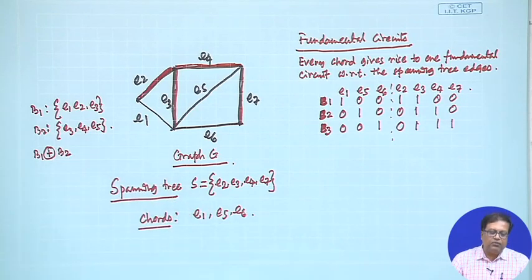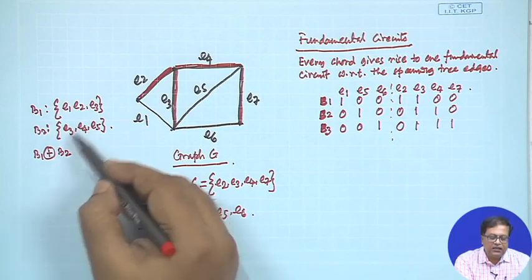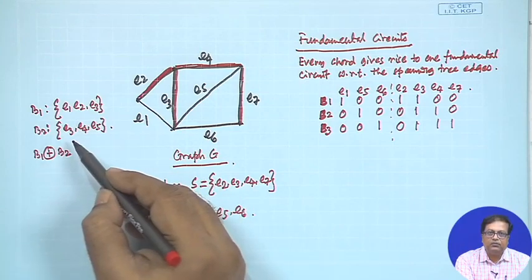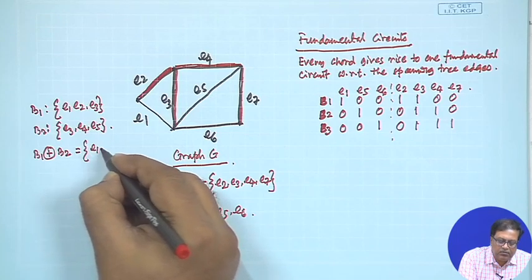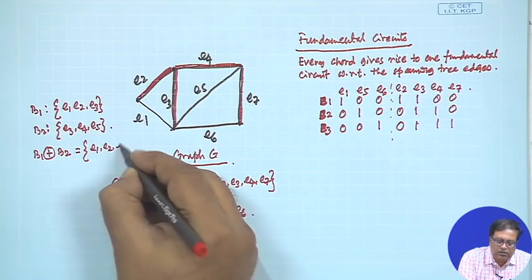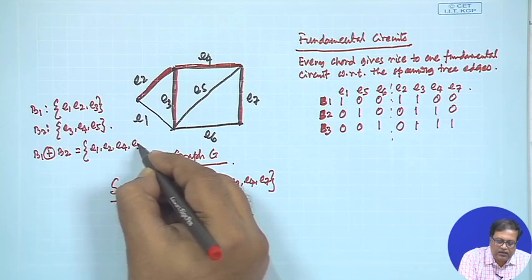What is the ring sum of B1 and B2? Remember ring sum? In a ring sum, it is the union minus the intersection. So what is the union? All of them. What is the intersection? E3. So E3 should be removed. So the ring sum will give rise to E1, E2, E4, E5.